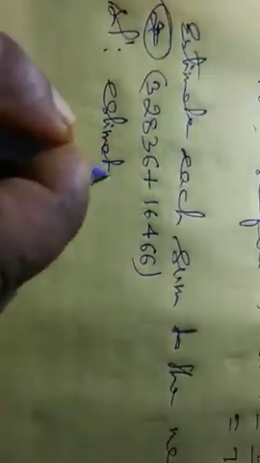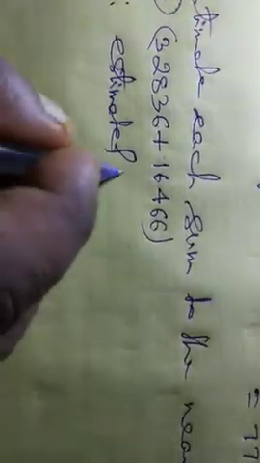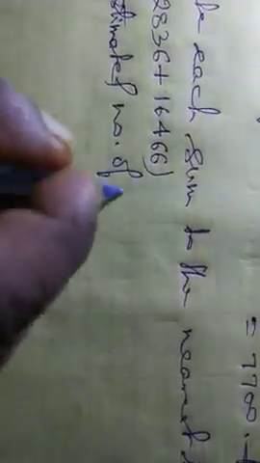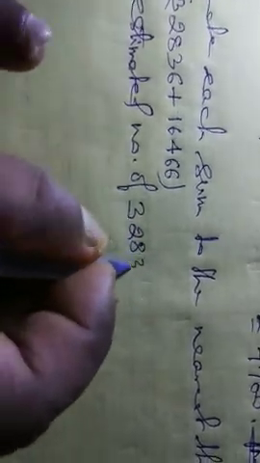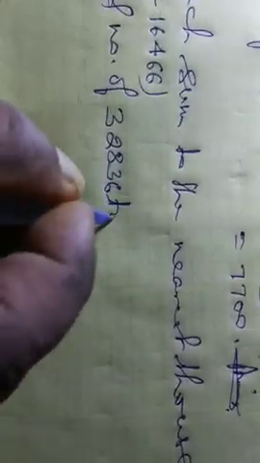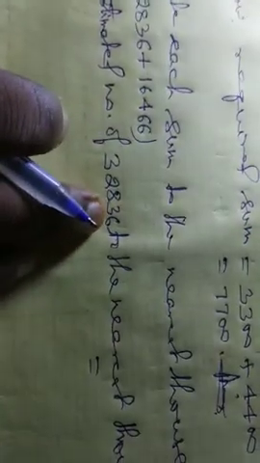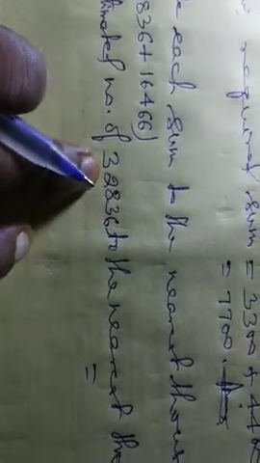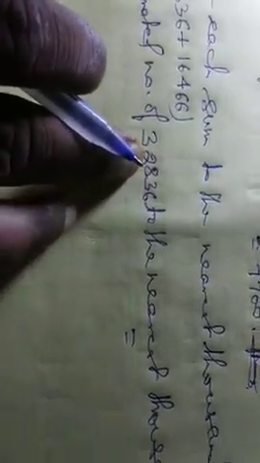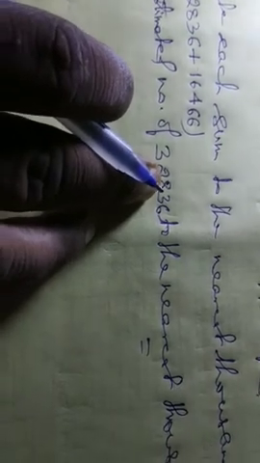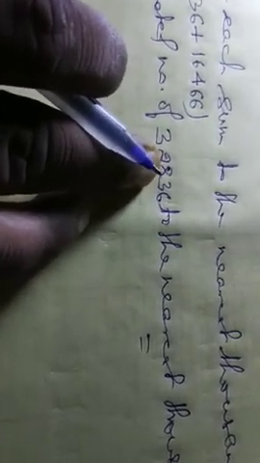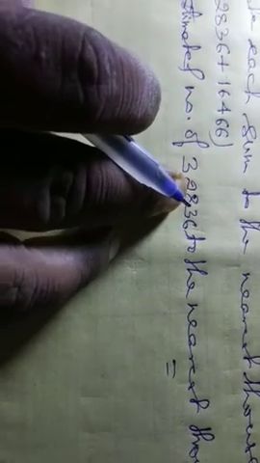Estimated number of 32,836 to the nearest 1,000 is equal to, students, digit at 1,000 place and before 1,000, digit 8 is lying at 100 place, and 8 is also lying between range from 5 to 9.